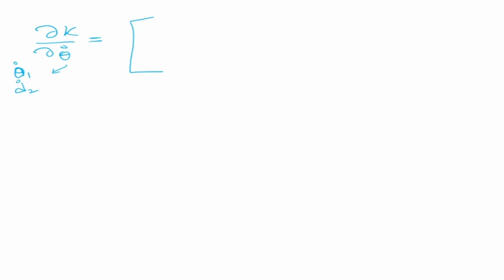So we'll differentiate with respect to theta 1 dot first, then with respect to d2 dot. So what we'll get is m1 L1 squared plus Izz1 plus Izz2 plus m2 d2 squared into theta 1 dot. That is the first equation that we're going to differentiate.